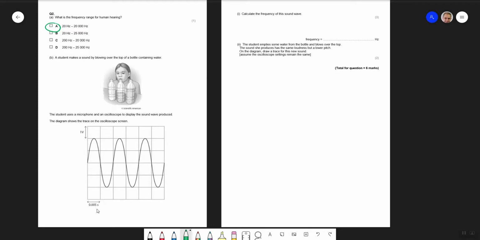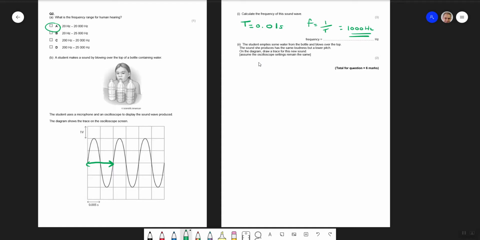We're told that is 0.005, and we've got 2 of these, so the time is equal to 0.01 seconds. So f is equal to 1 over T, which this time is going to equal 100 hertz.